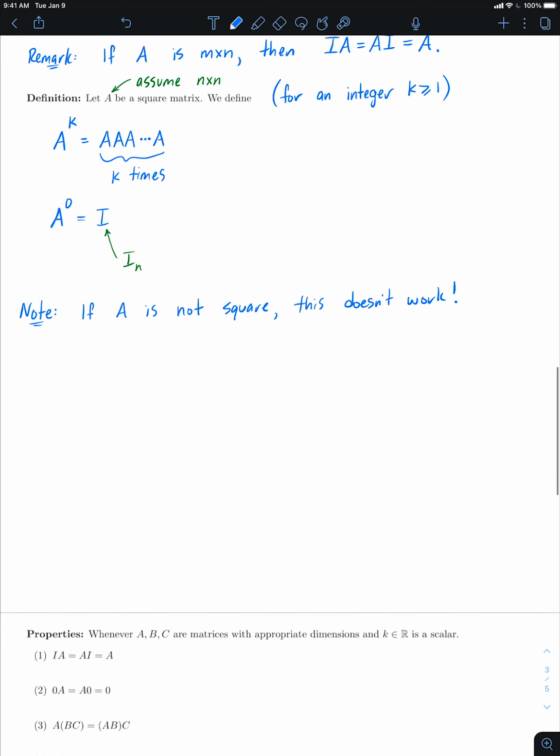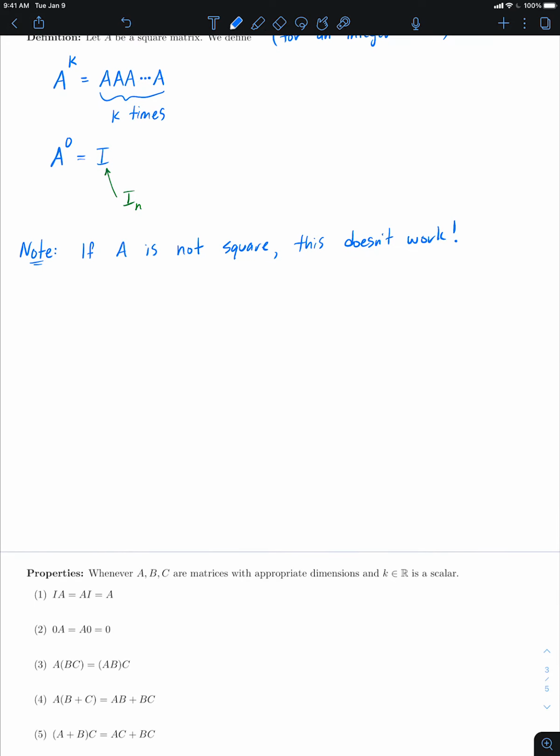Well, let's think about it in terms of an example. Let's write down a non-square matrix. Let's say I'll let C be equal to 1, 2 for the first column, 3, 0, and then 5, 1. Well, how would I compute C squared for this matrix?